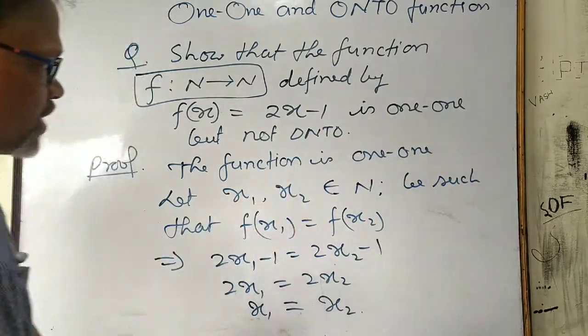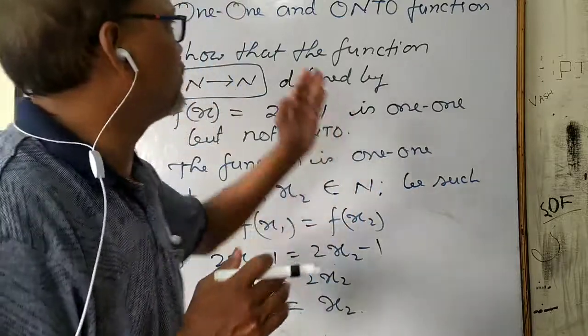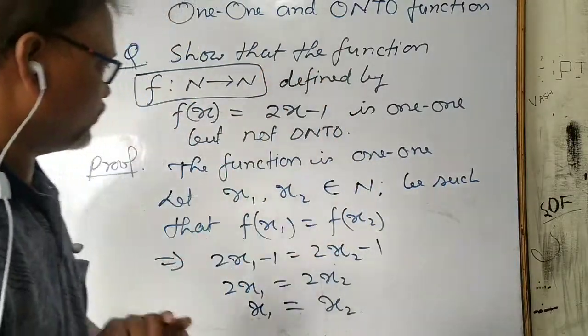First of all, how to show it is one-one, because you have to show it is both one-one and onto.